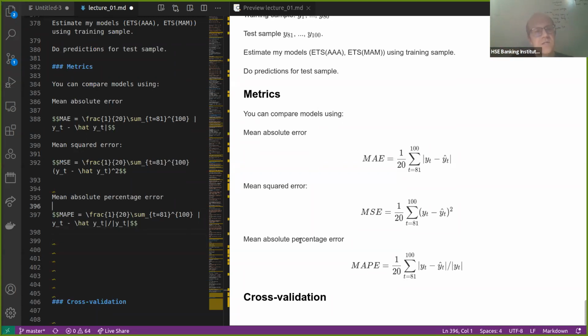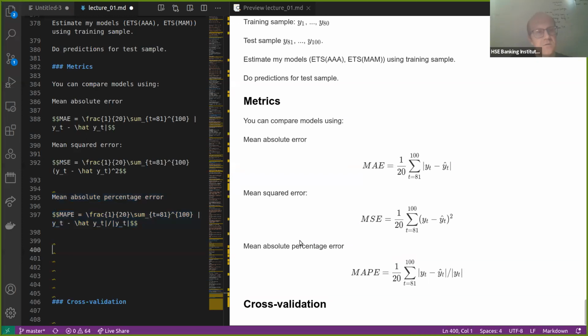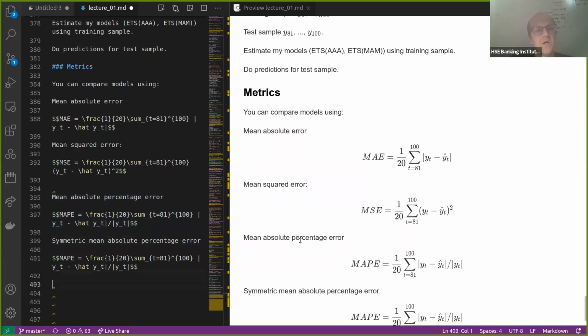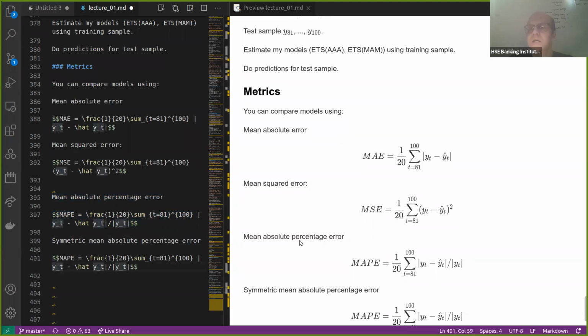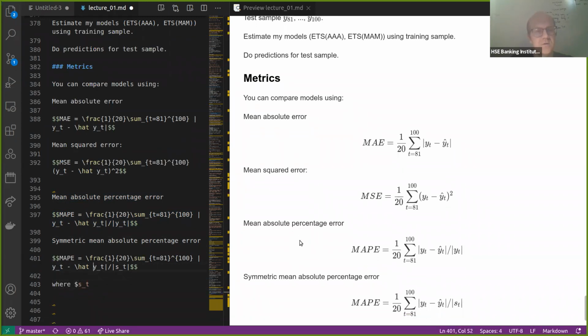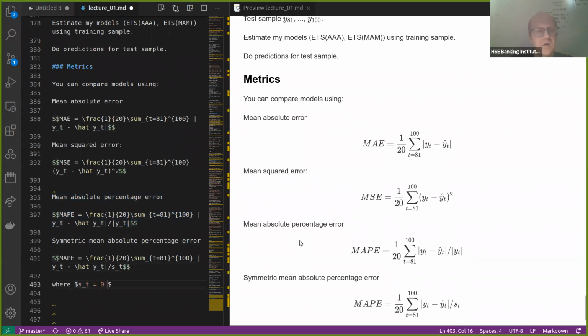And there is a symmetric version of this indicator. Symmetric mean absolute percentage error. Here we divide not by y_t, but by s_t, where s_t is just the mean between the absolute value of y_t and the absolute value of the forecast.